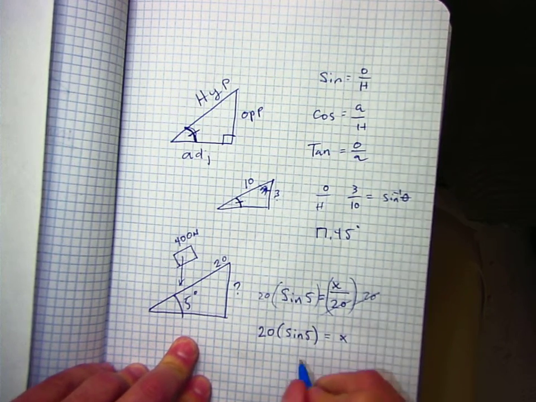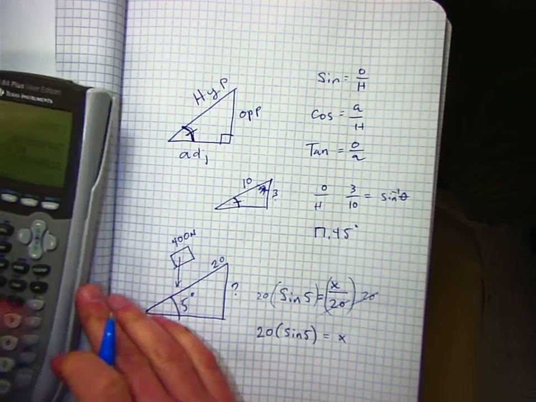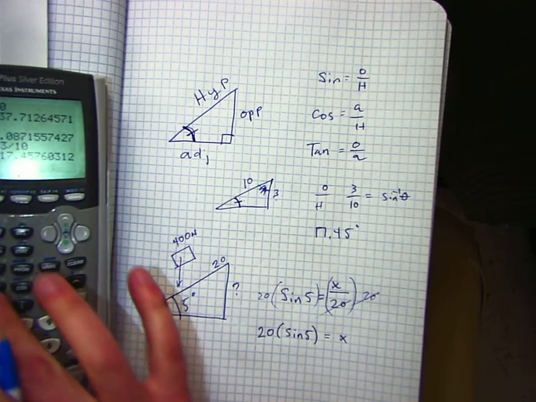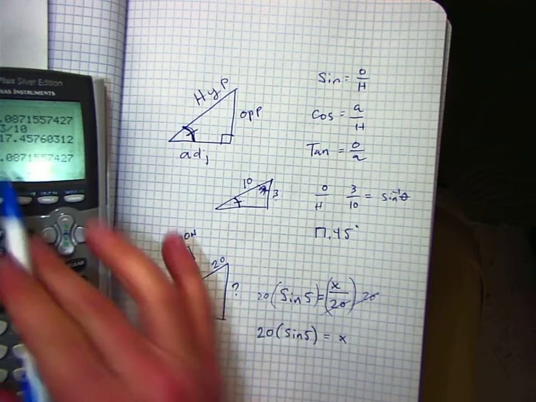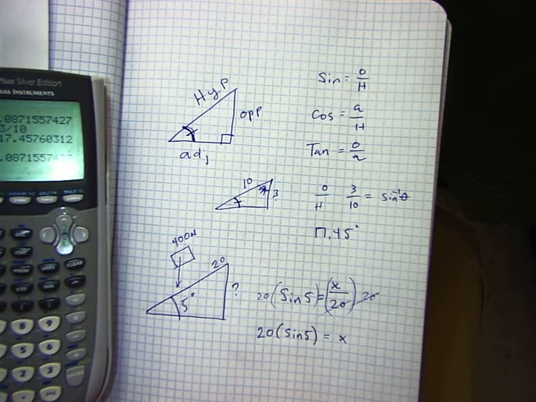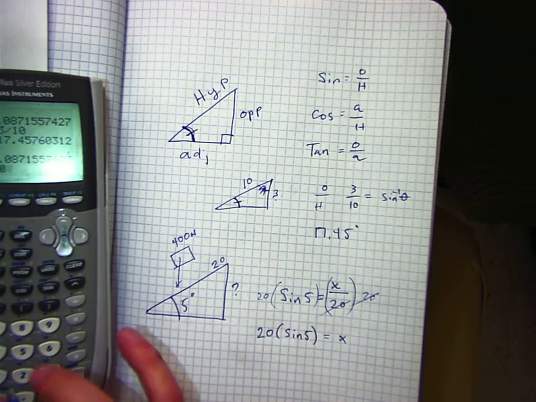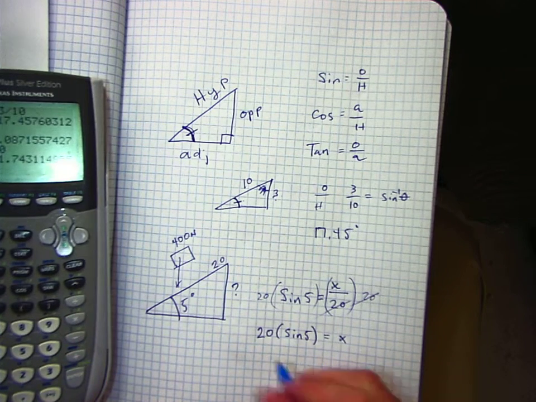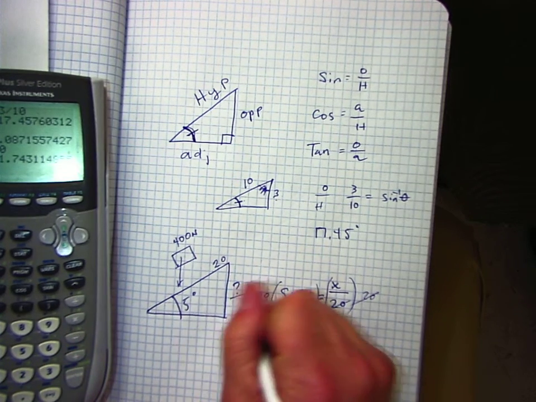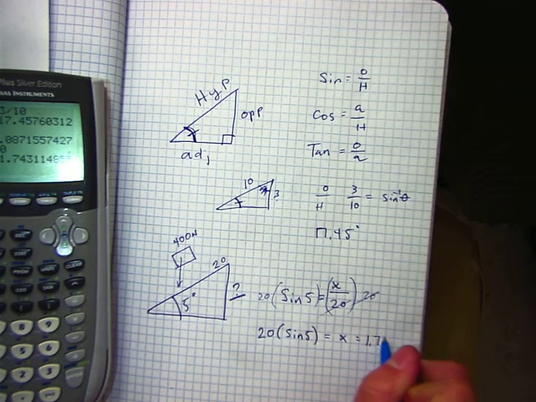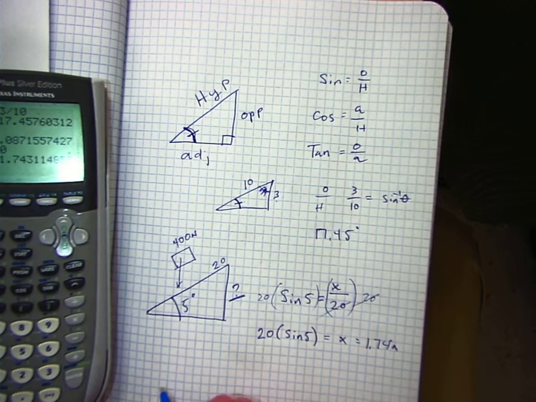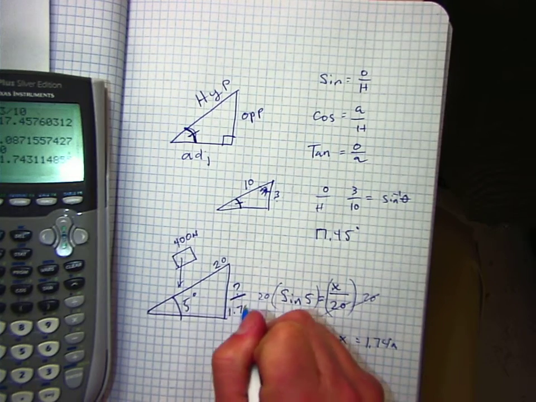When I do that, sine 5, enter, the value of sine 5 is 0.087 times 20. And so it tells me that this length must be 1.74 meters. So this is 1.74.